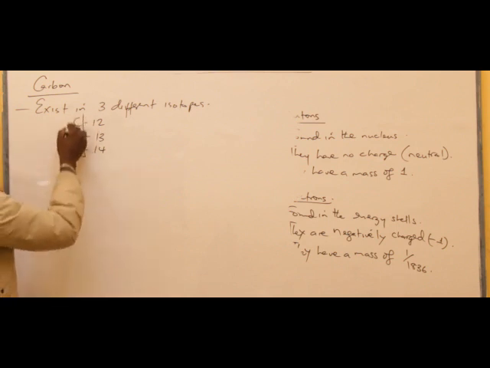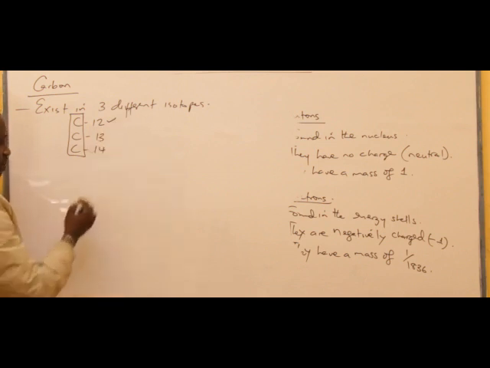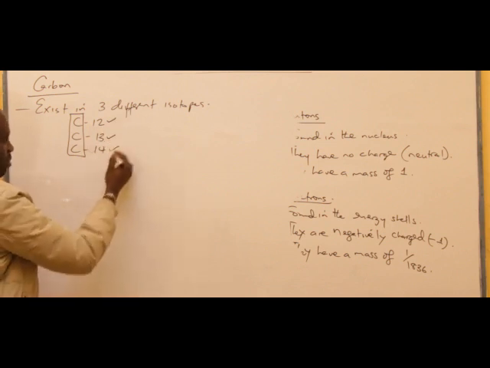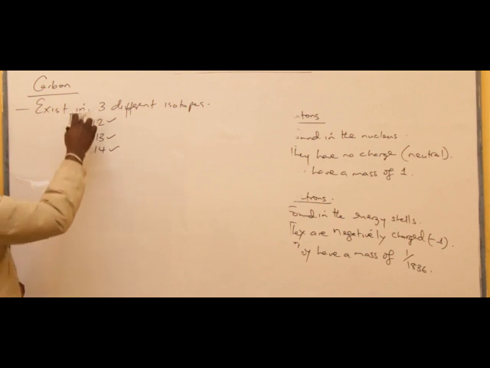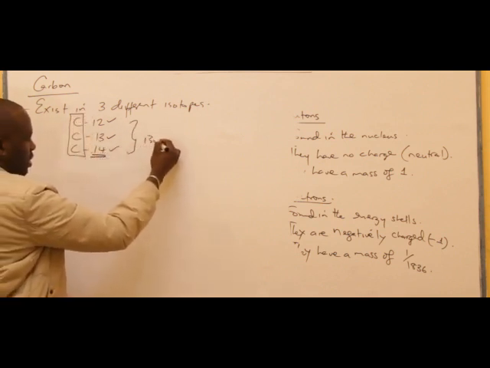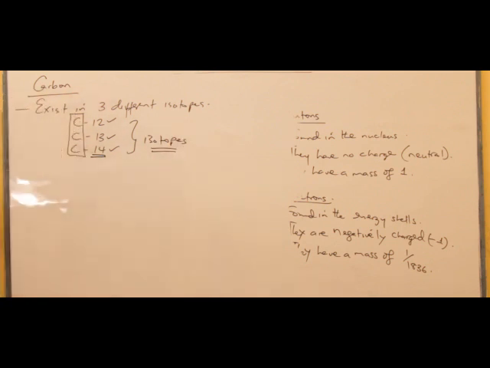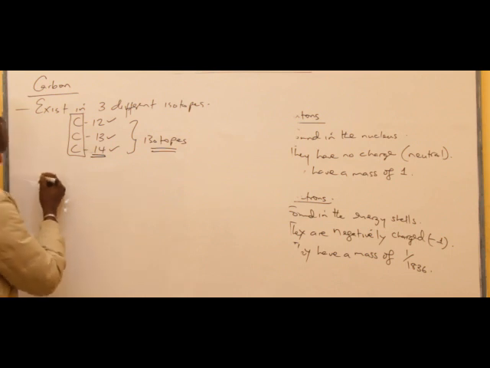The element in this case is carbon. All of them are carbon. But this one has got a mass of 12, this one has got a mass of 13, this one has got a mass of 14. So they are atoms of the same element, but they are having different masses. Therefore, we say these three are isotopes of carbon. I can simplify this in a table where I can have the isotope.